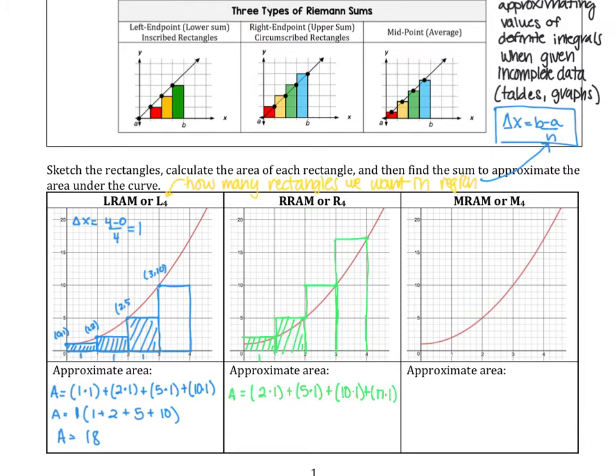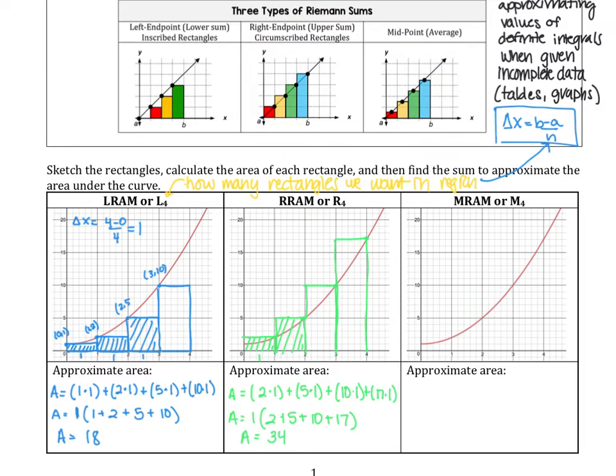Again, you may see this written where the width of the rectangle is out front, and then the remaining heights are added together, and we get the area is 34. Well, that's quite a bit higher than the actual area, but that should make sense because when we look at this, we can see that there's quite a bit of area in each of these rectangles that's above the curve.